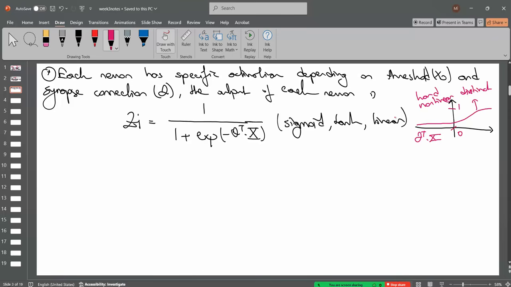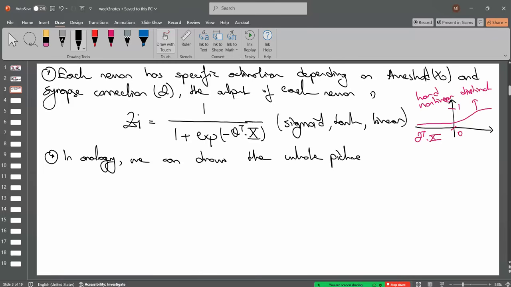Okay. And so how can we model this property in the math as an analog model? In analogy, we can draw the whole picture, like in this one.